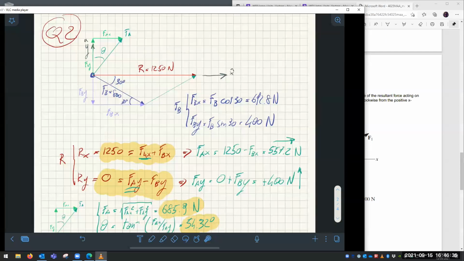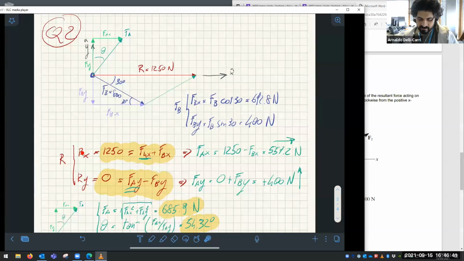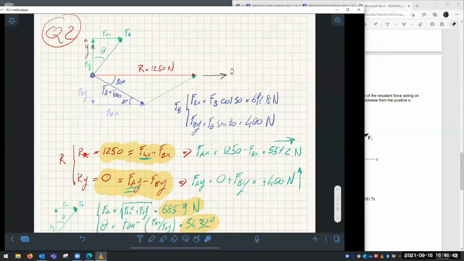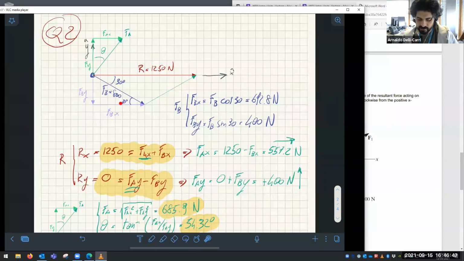Fby is opposite to the y-axis. Instead, for the first equation, Rx, Fax is rightward, Fbx is also rightward, and the x-axis is also rightward. So this is a sum. This is a subtraction. This is positive. This is negative. Okay. Thank you. Good.